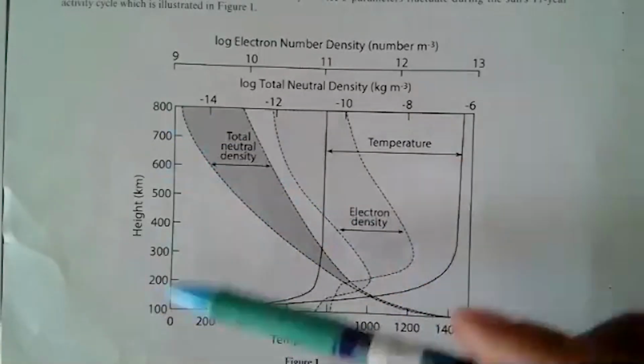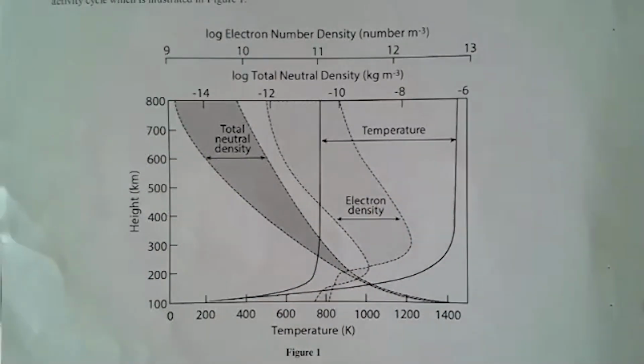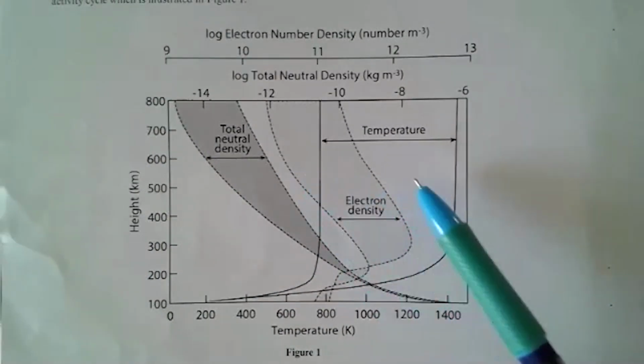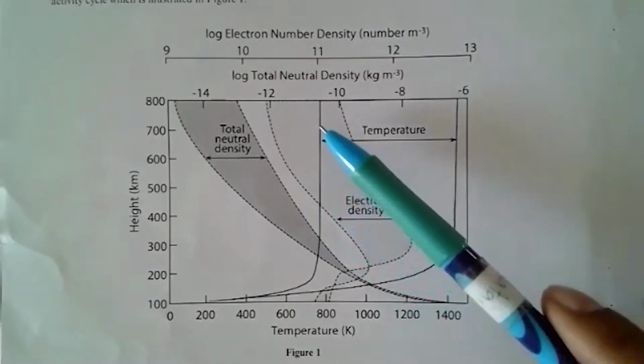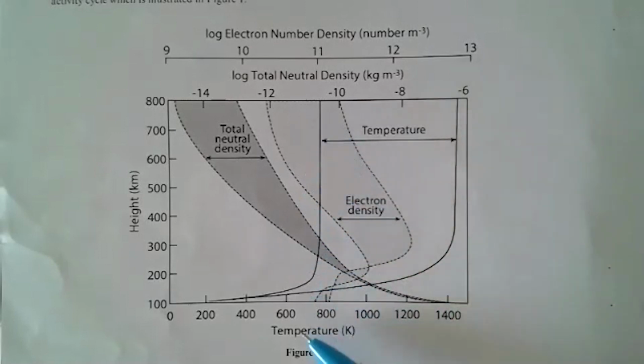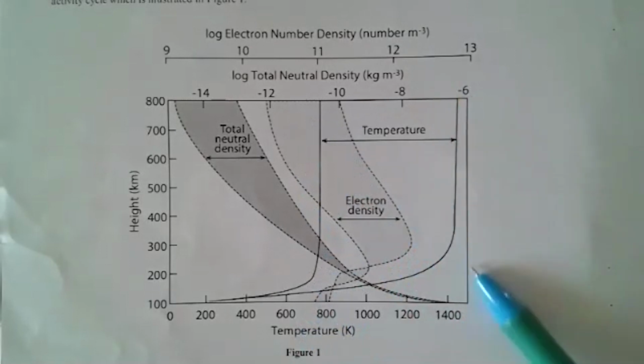So at any given height, which one has the greatest increase in these 3 parameters? Now, of course, when you look at this graph, instantly, you're going to tell yourself that temperature clearly has the greatest fluctuation factor because it has gone from a value, let's say just above 700 to a value of perhaps just above 1400. So it is twofold or 2 times, and therefore the fluctuation factor for temperature is twice.